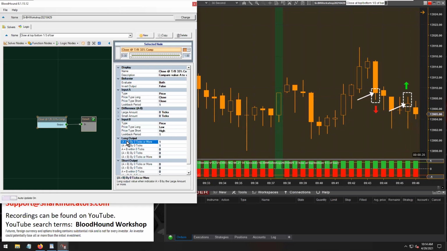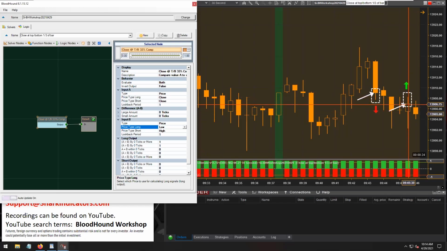But when we look at how the outputs work, we're looking to see if A is greater than B or if A is less than B. So is the closing price greater than the low, or is the closing price greater than the high, or is it less than the high?